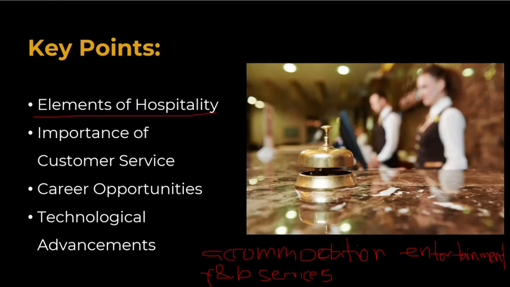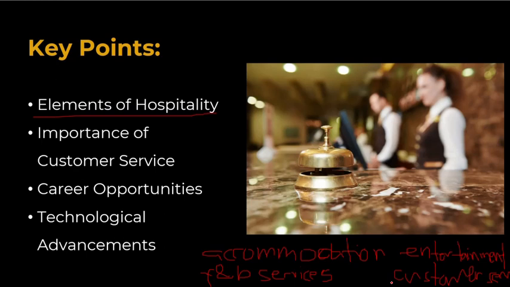And lastly, the customer service. Okay. So we have accommodation, F&B service, entertainment, and customer service. For example, the guest will have additional requests, so we need to provide services to the guests.